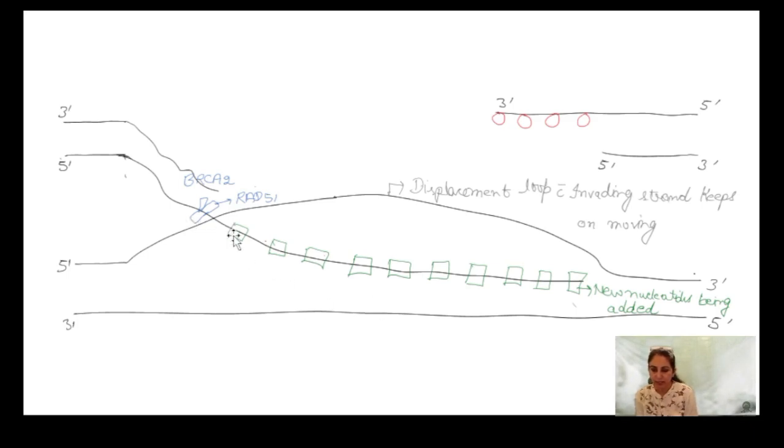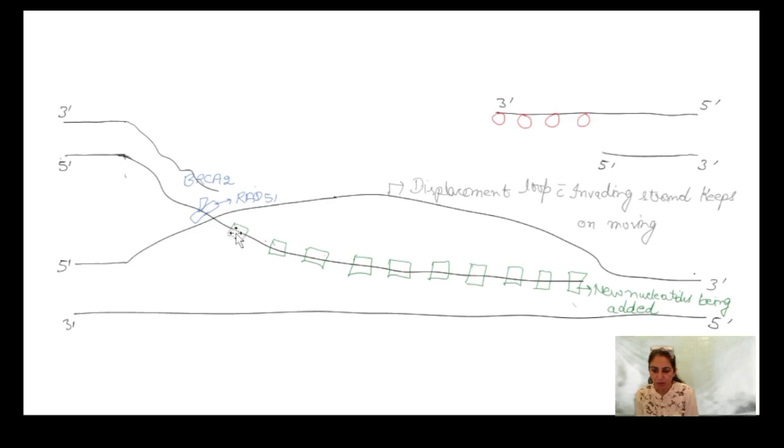This protein has come here and this is the complementary strand. See, this strand is going from 3' to 5' direction, and our template strand is from 5' to 3' direction. So this strand is complementary in nucleotide sequence to this strand. See, this strand and this strand are complementary to each other.